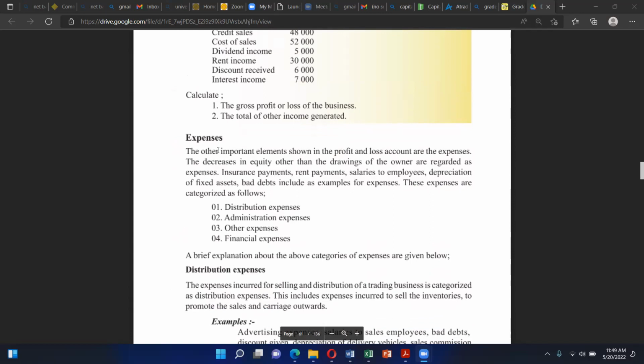These expenses can be classified into: number one, distribution expenses; number two, administration expenses; number three, other expenses and financial expenses. Clear?